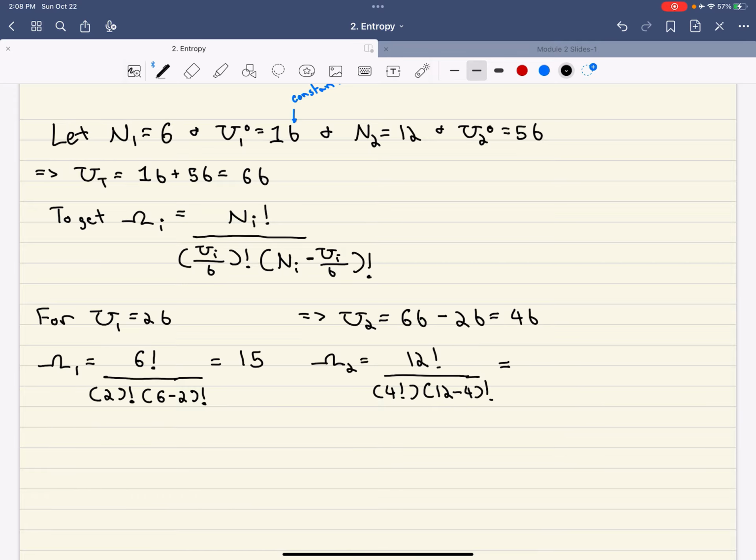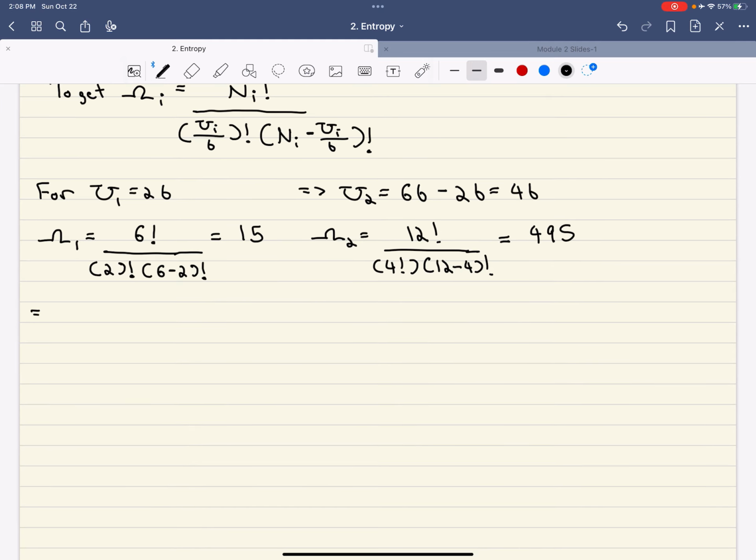And here we get a much larger number: 495 microstates possible in subsystem 2. And so if we calculate the total omega, we just take 15 times 495, and that gives us a value of 7,425.